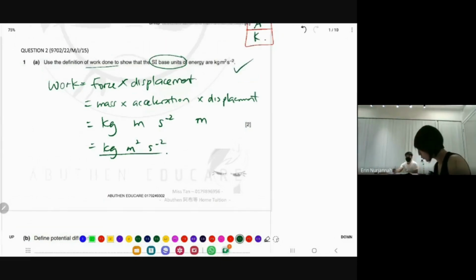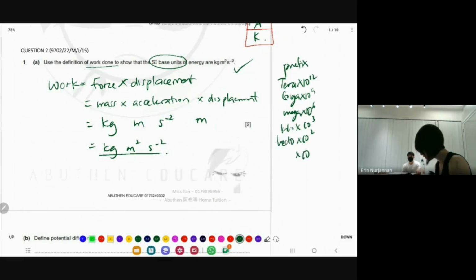Okay, let's revise what we learned today. We learned about prefix, right? You have to know tera stands for 10^12, giga, 10^9, yes, mega. Yeah, very good. Next, 10^3 is what? Kilo. 10^2 is what? Hecto. I don't know whether it's in my notes or not. It's okay, it is extra. Deca is 10 to the power 1.